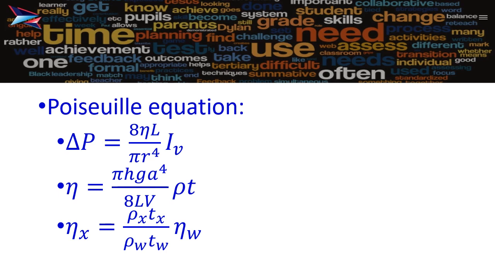And rho x and t x are the density of the liquid which we do not know yet, and the time when it goes through the fine tube. And rho w and t w are the density of water and the time when it goes through the fine tube. So with all of these parameters, we will determine eta x, the viscosity of your liquid which is not known yet.